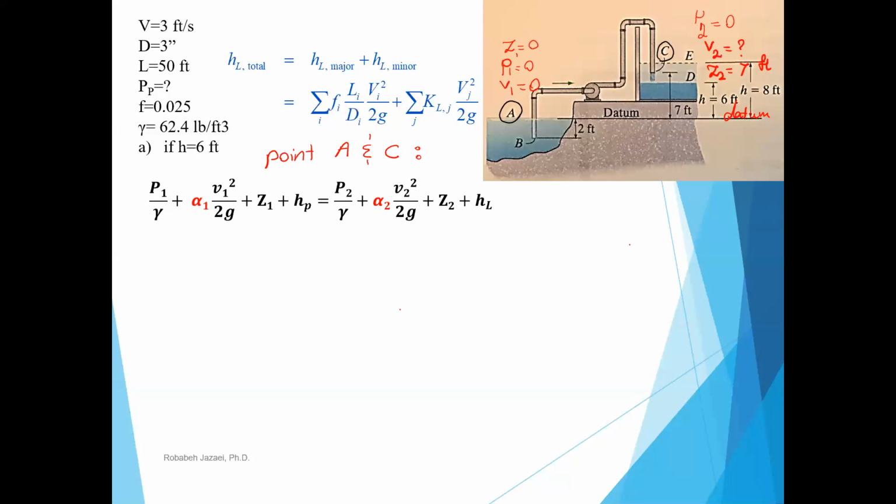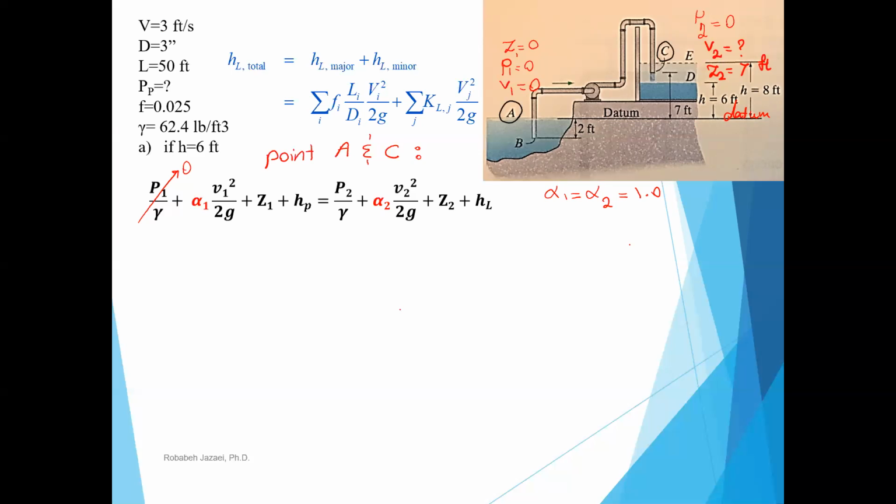So let's see what is 0 and then solve for what we don't have. So this one is 0. What are alpha 1 and alpha 2? If it's not given, and usually we have turbulent flow, we can assume alpha 1 and alpha 2 are equal to 1.05 or just simply assume it's 1.